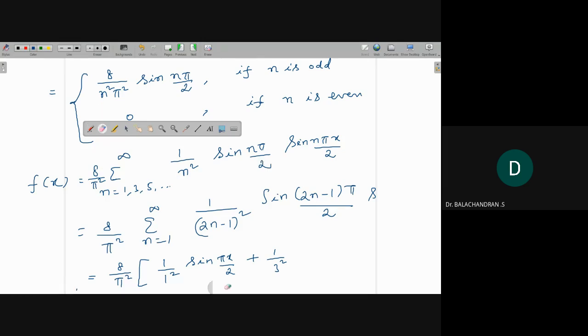Please wait. Into sine here, sorry. Again, I need to replace n by what? 2n minus 1. 2n minus 1 pi x by 2. Okay, so if I substitute n equal to 1, what happened? Please tell.